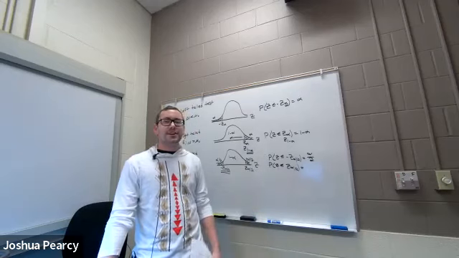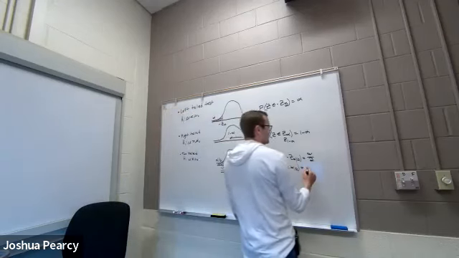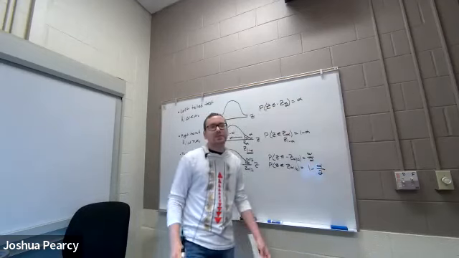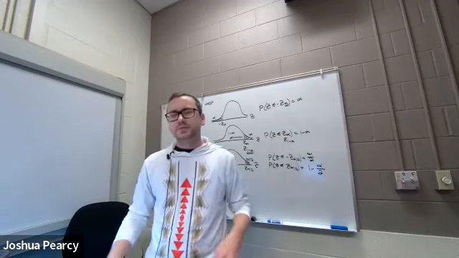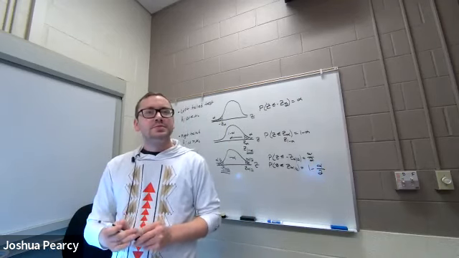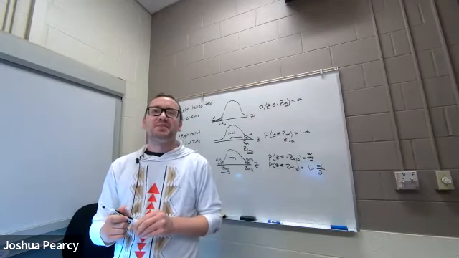Alpha over 2. So the area to the left is what? 1 minus alpha over 2. That's how you'd find the upper one. Anyone remember that? That's what we went over last time, very end.